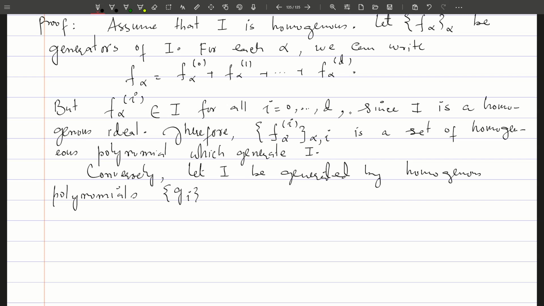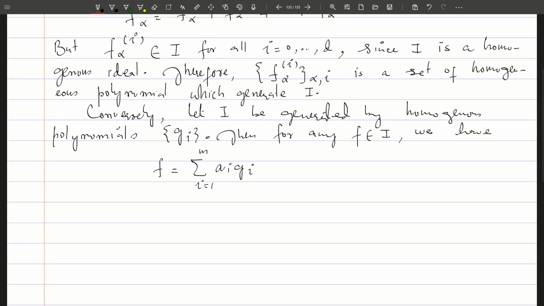Then for any f in I we can write f as a finite sum, let us say i goes from 1 to m of ai gi.